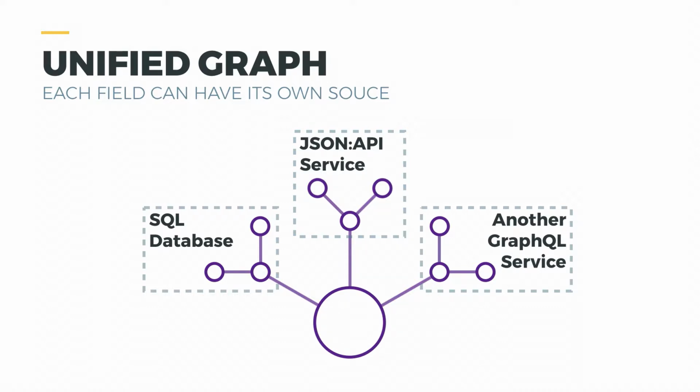And in many apps, you actually have to pull data from lots of different places. GraphQL allows you to configure those lots of different places into one graph. So your developers have this experience of, I don't have to know how to fetch data from a JSON API. Somebody's already set up my GraphQL graph so that I just do a regular GraphQL query to get data out of it.